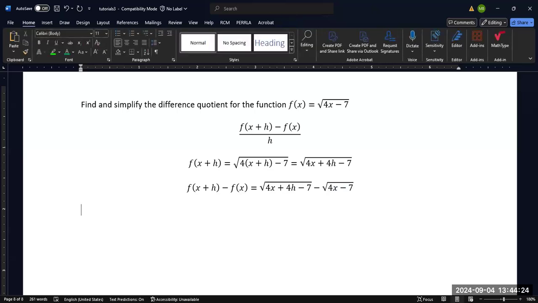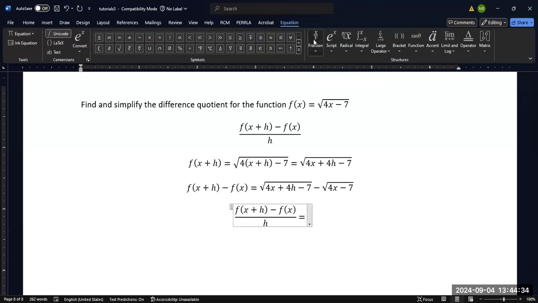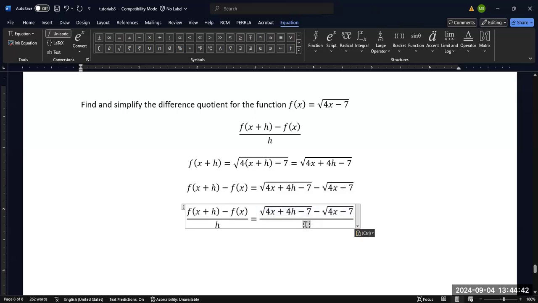Now, initially, this seems like there's not going to be a lot of simplifying that we can do. How are we going to get rid of this h in the denominator? Because ultimately, that's really what we want, especially when we get to calculus. We're going to need to get rid of that h in the denominator and make it go away.